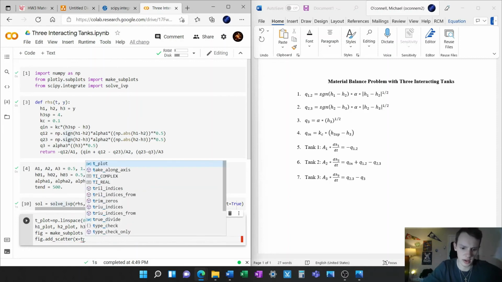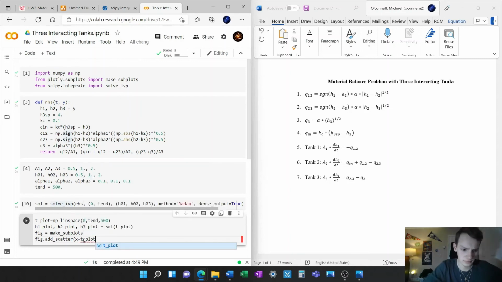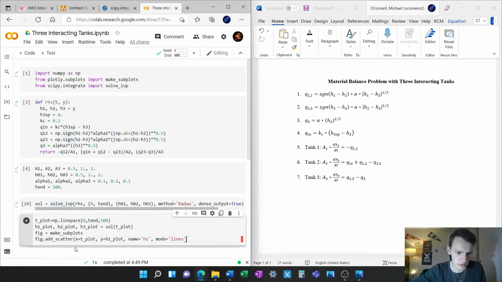Our x is tplot. Y is H1 plot in this case, right? Name H1. And mode, we want lines. We want to see the lines here. Okay. Let me close my parentheses there.